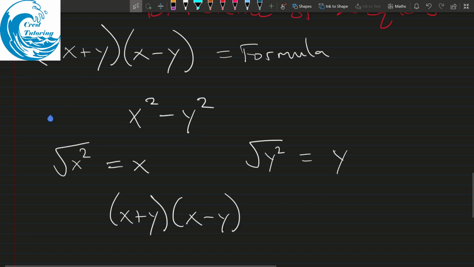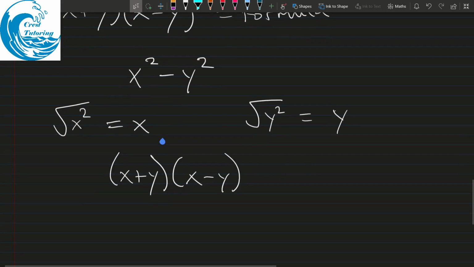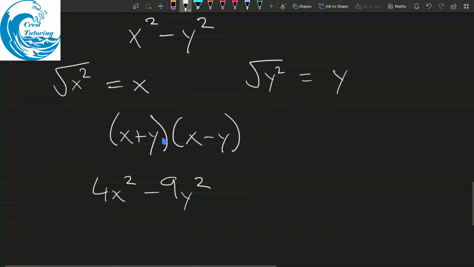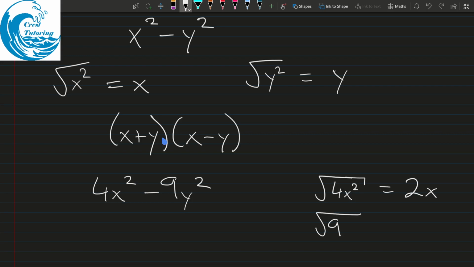So I'll show it to you by using a different set of numbers now. So we'll say I had 4x squared minus 9y squared. So what I have to do is I have to get the square root of 4x squared, so that's going to be 2x. And the square root of 9y squared, and that's going to be 3y.